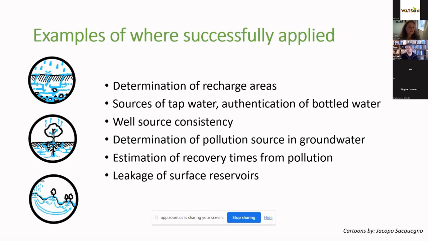Understanding and monitoring the consistency of sources, or even checking the bottled water origins. And there are also many applications around determination of pollution sources, estimation of recovery times from pollution, and other water management challenges, such as leakage of surface waters.